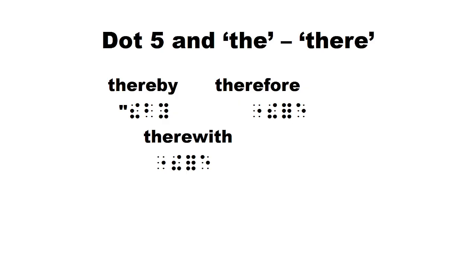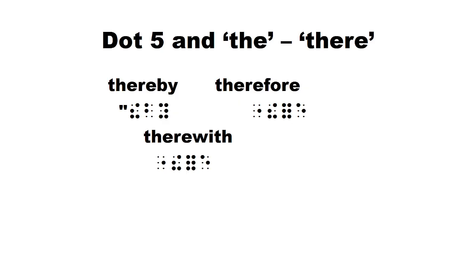So 2, 3, 4, 6 stands for the letters THE. Now, if you have these two-cell contractions, dot 5 and THE, this contraction represents the word THERE. But this can also be used as part of a longer word.